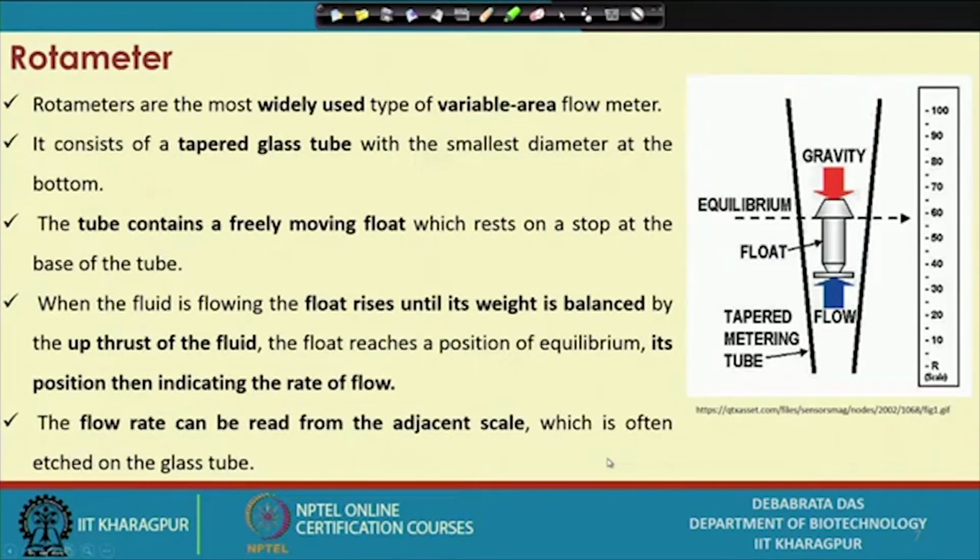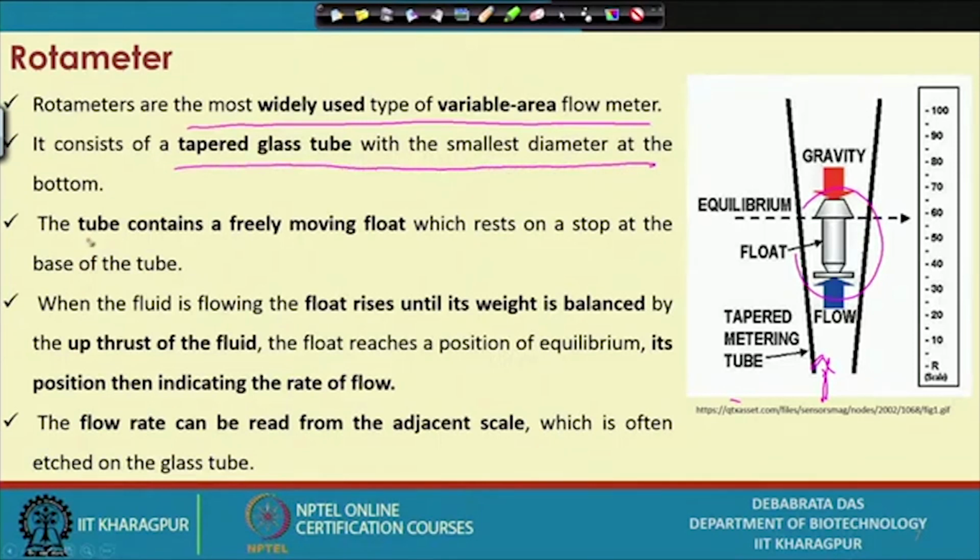Now the rotameter, which is a kind of float; you can see here that this is the float, this is a gravity float. So when you pass, suppose you are passing your air through this, it makes a pressure. So the rotameter is the most widely used variable area flow meter. It has a tapered glass tube with the smallest diameter at the bottom.